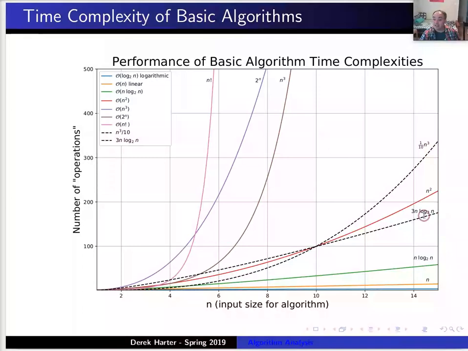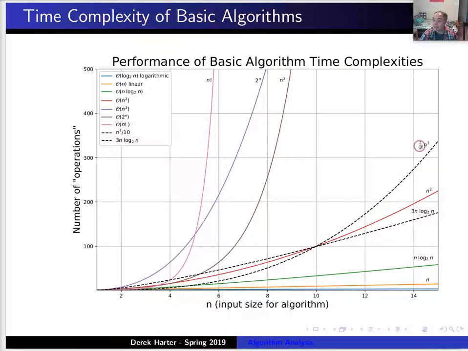So if I know it's an n log n versus n squared, that tells me something important about my algorithms. Same for n squared versus n cubed. Okay, I'm making the same point. Even if I have an n cubed algorithm that's only 1/10, so my multiplicative constant is making it 1/10 of a standard n cubed, n squared does worse than n cubed for a while, but at some point that n cubed is going to be worse than my n squared.